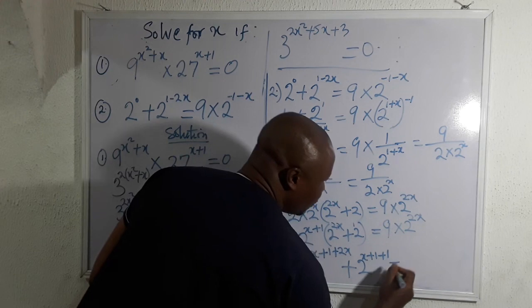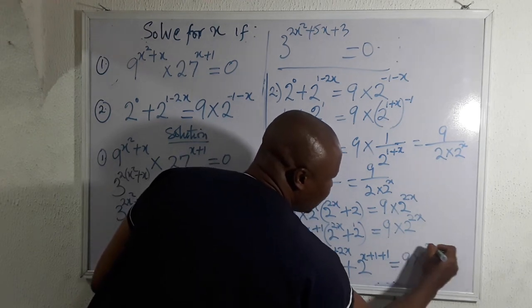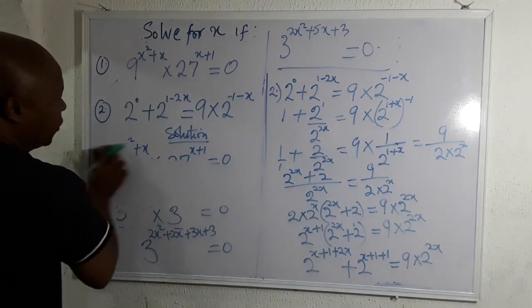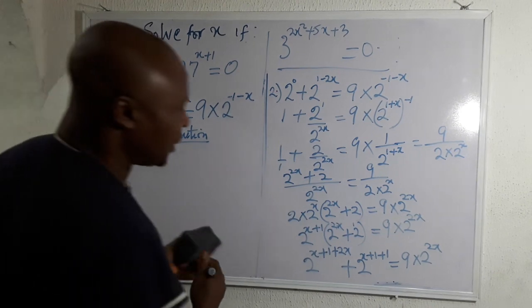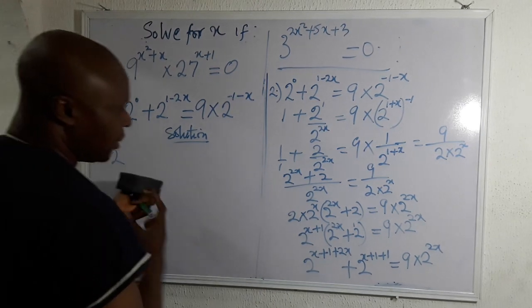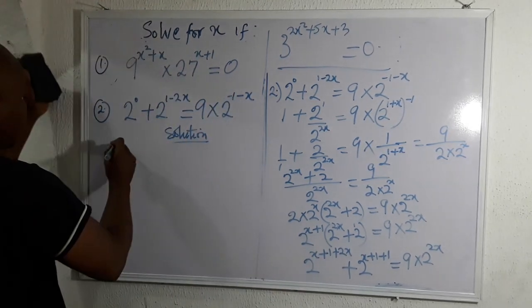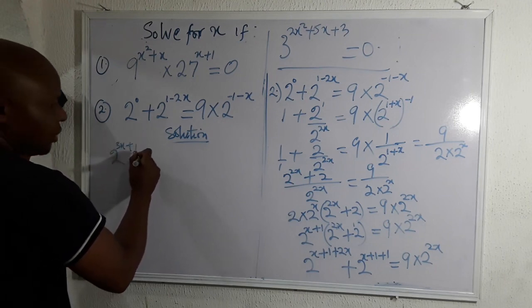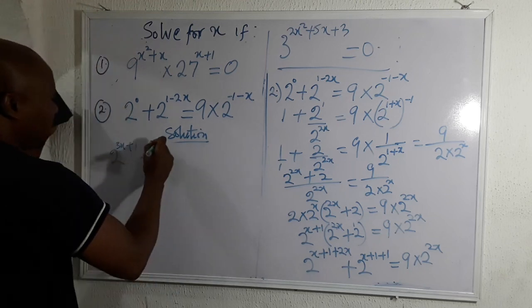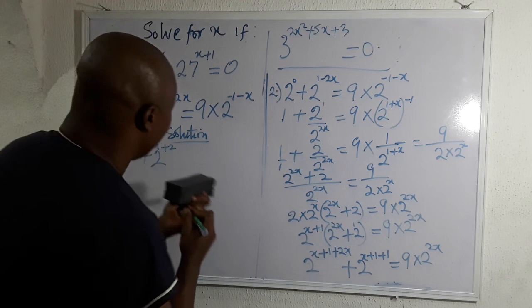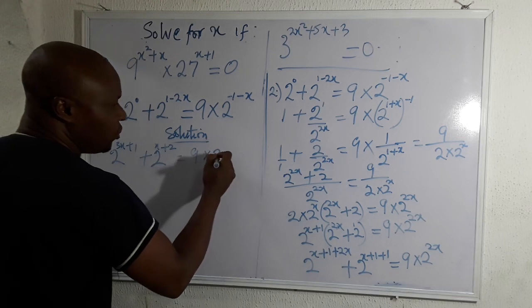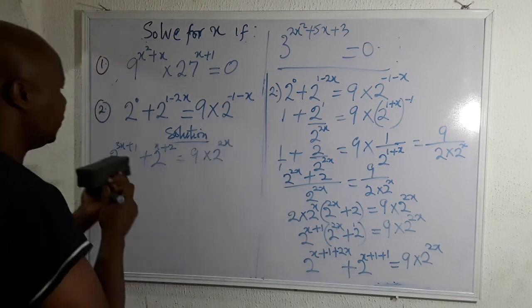That will be equal to 9 times 2 raised to the power 2x. Now let's simplify this further. That is 2 raised to the power x plus 2x is 3x plus 1, plus 2 raised to the power x plus 2, equal to the right hand side, 9 times 2 raised to the power 2x.